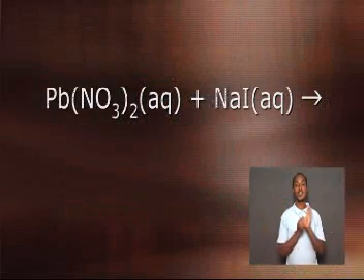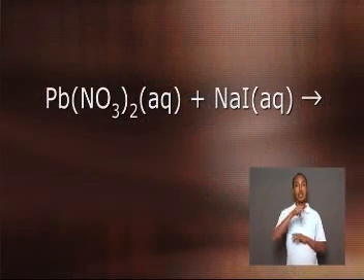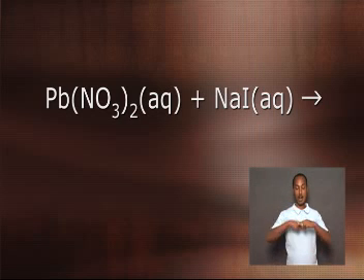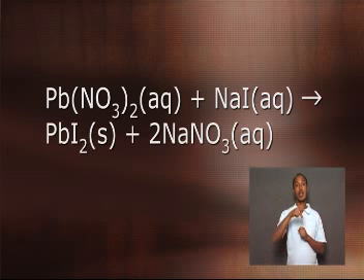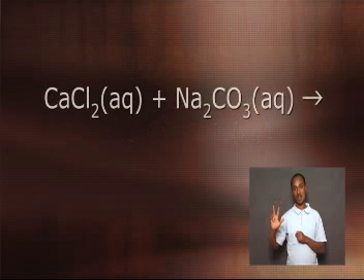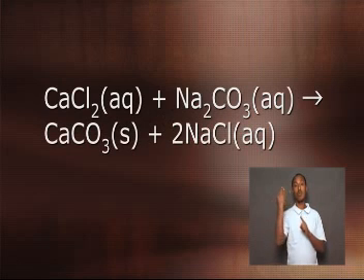For example, lead 2 nitrate reacts with sodium iodide to form lead 2 iodide and sodium nitrate. Calcium chloride reacts with sodium carbonate to form calcium carbonate and 2 sodium chloride.